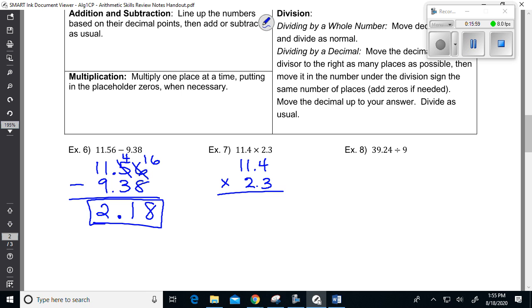So now we start multiplying. 3 times 4, 12. 3 times 1, 3, plus 1, 4. 3 times 1, 3. Now we deal with the 2, put down the 0. 2 times 4, 8. 2 times 1, 2. 2 times 1, 2.